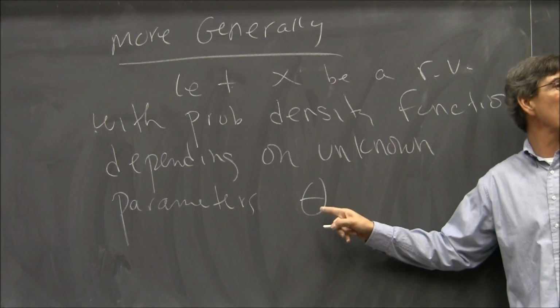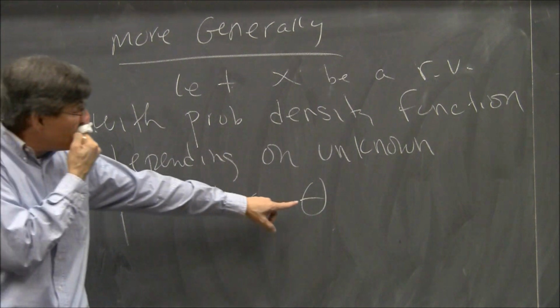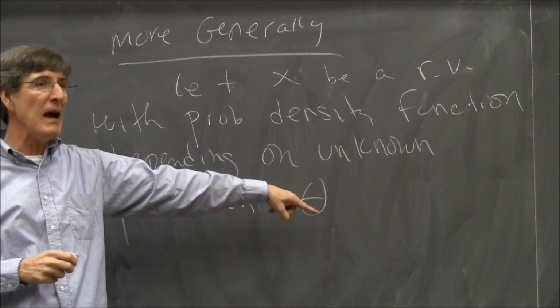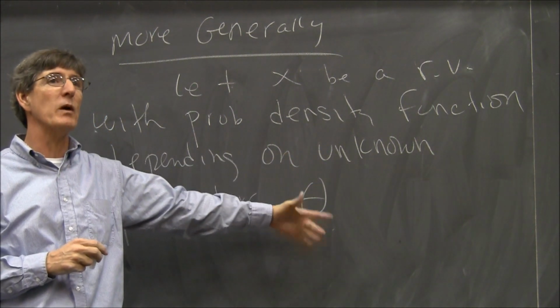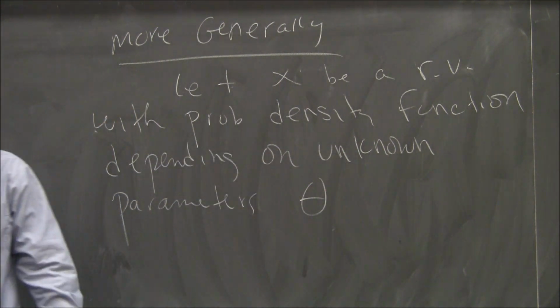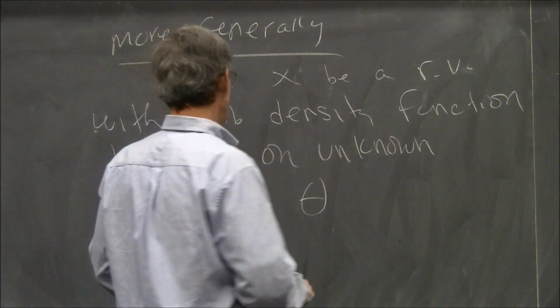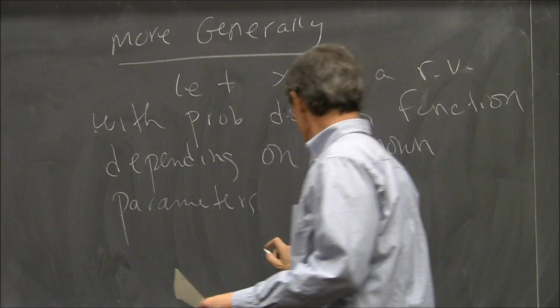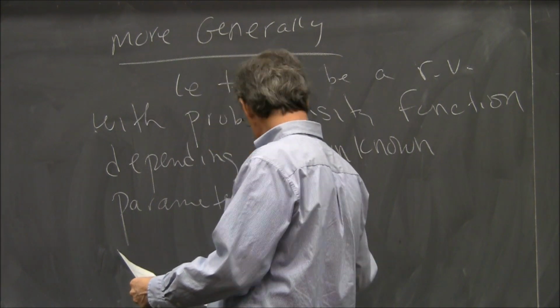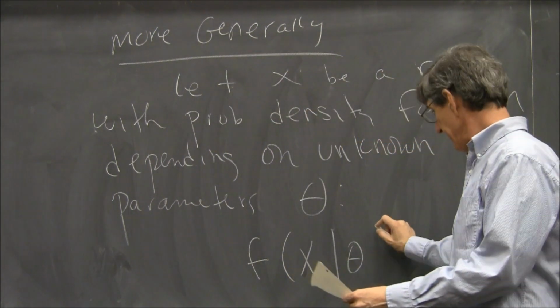This is a vector of parameters. This might have the mean and the variance in it. This might have beta 1, beta 2, beta 3, beta 4, and sigma squared, that kind of thing. This is all the things you need to estimate. So the probability density function is f of x given theta.